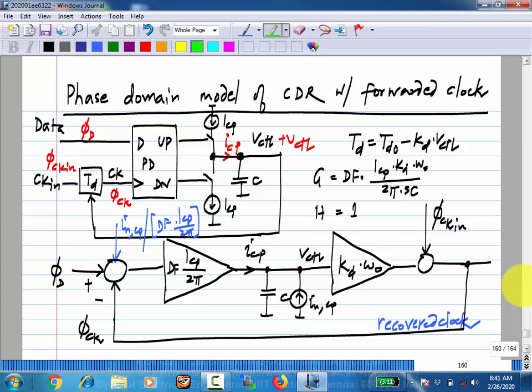That is one measure, how well you are tracking the data in spite of some changes in the input. Another measure is that you recover this clock, and this recovered clock can have some jitter. It may be desirable, because if the input data has jitter, this has to also have jitter so that it will follow it.